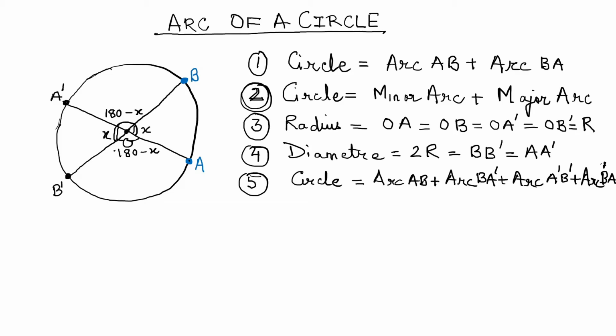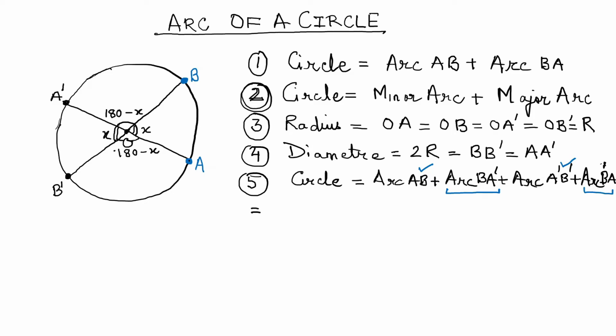Okay, now once we have written it like this, can we take it like now? So when we are saying arc AB, can we say nothing but that the arc AB that we were talking about is the same as arc A'B'? And when we are talking about arc BA', it is the same as arc B'A.